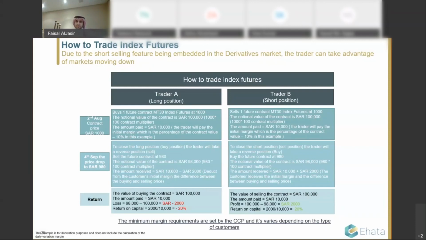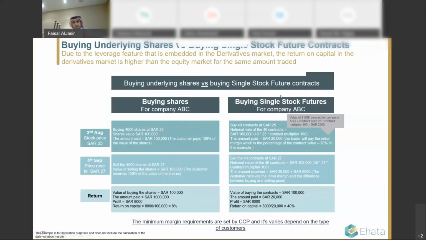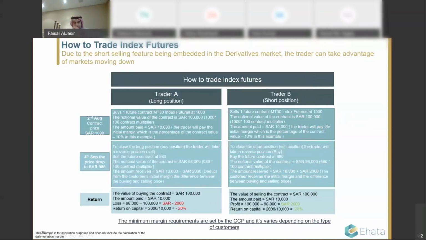20% loss. Now, what if, in the same case with the same prices, trader B has a short position? What if you have actually shorted? You would be making the exact same amount, which is 2,000, but instead of a loss, it would be a profit.